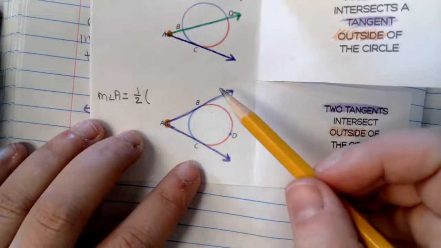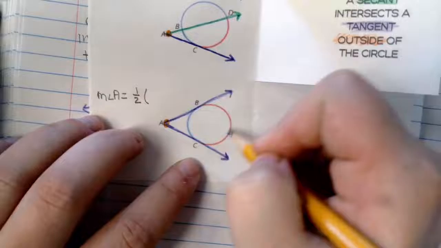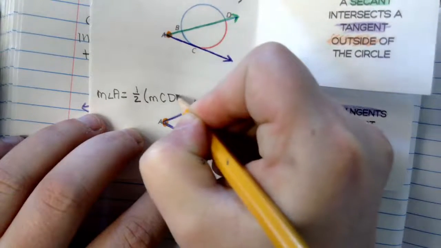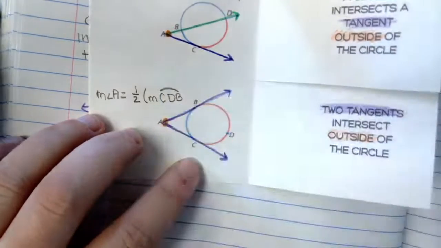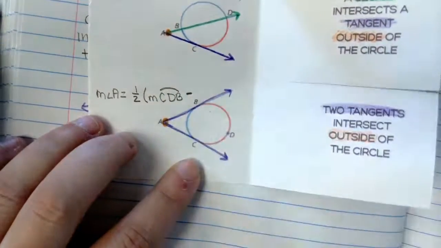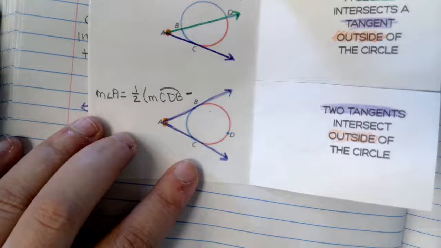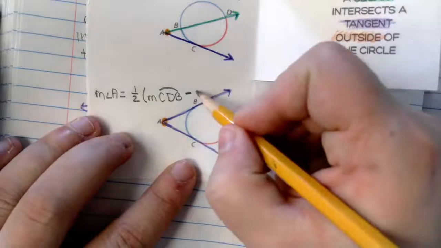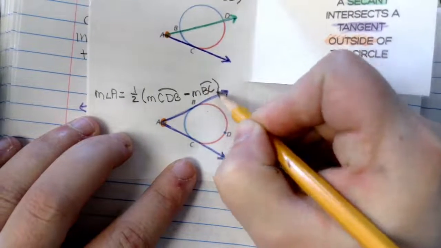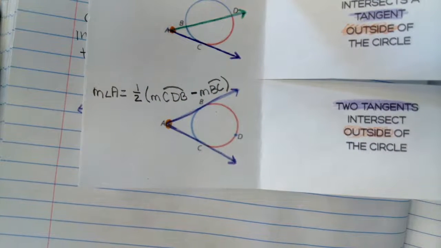Minus, going a little crooked here, that's okay. What's the blue arc? BC, yep. We have one little hint here that's going to help us on these problems. When you look at that blue arc and the red arc, together they make the whole circle, right? Is there any part of the circle that's not in one of those arcs?